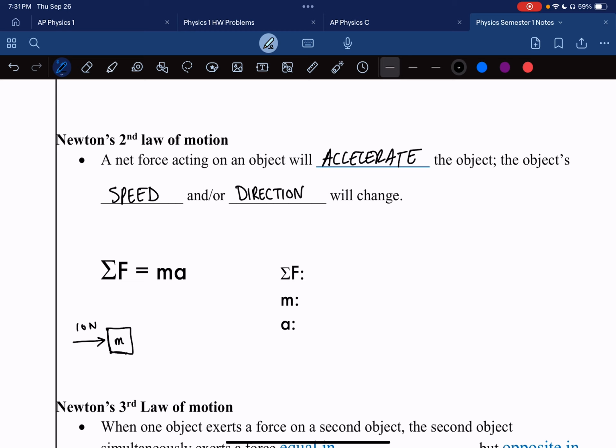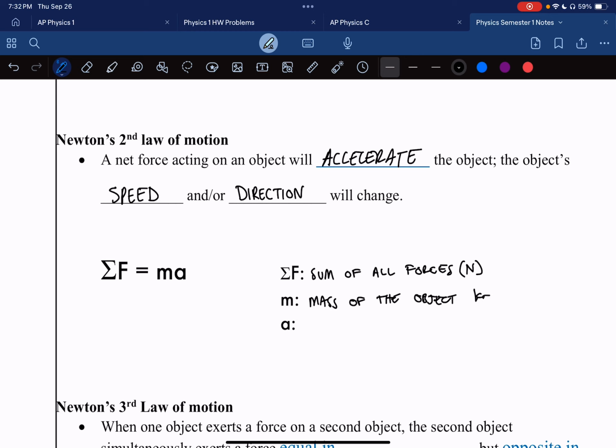So let's define this. This is the sum of all forces, which is in units of newtons. M is the mass of the object, which is in kilograms, our standard unit.